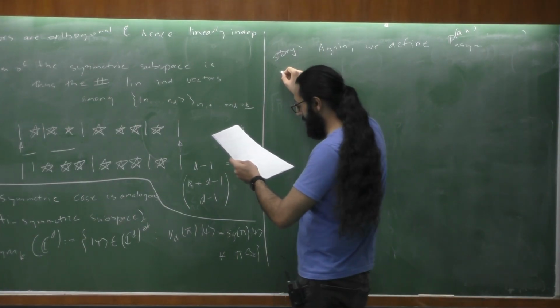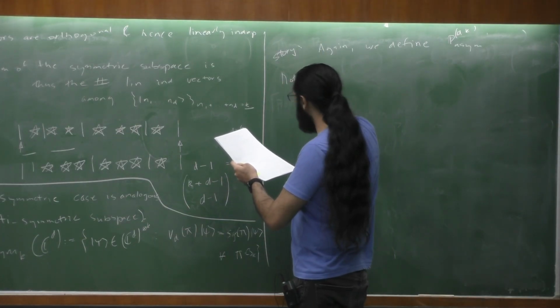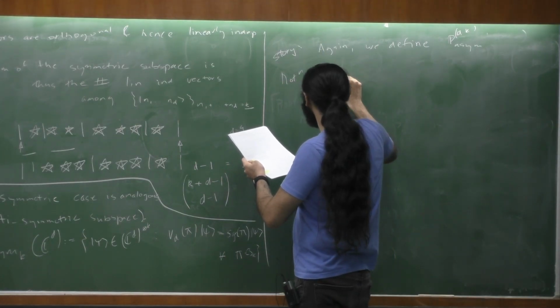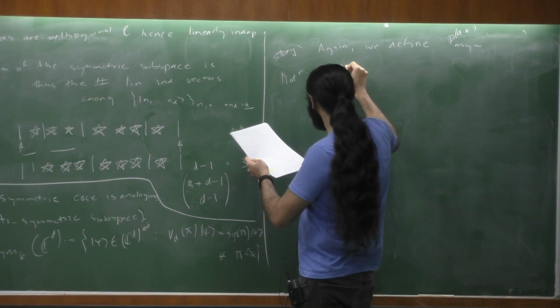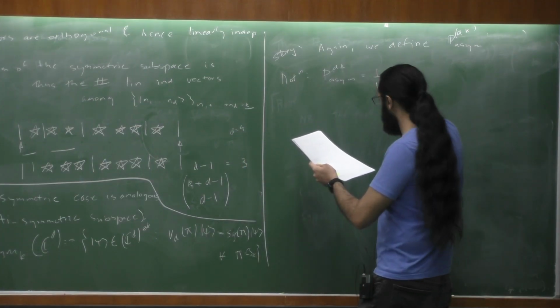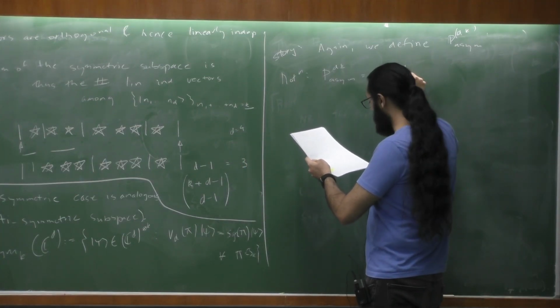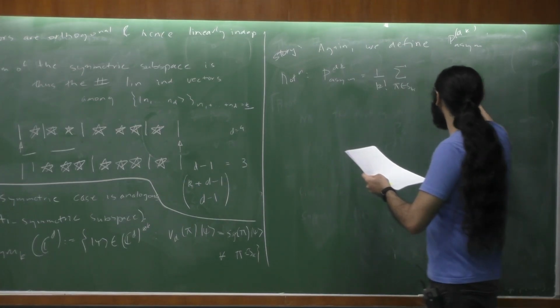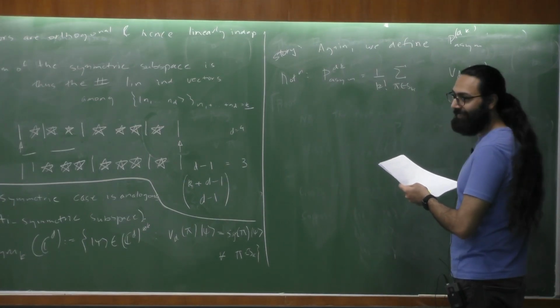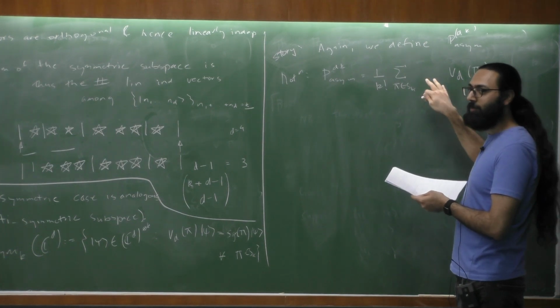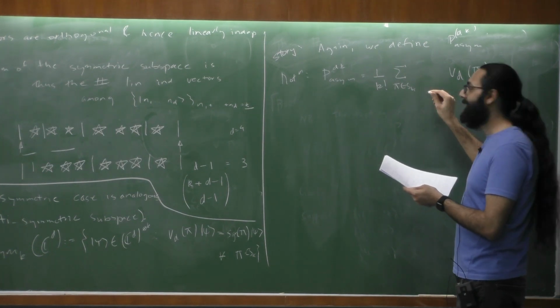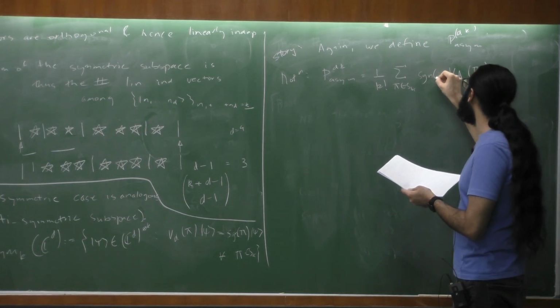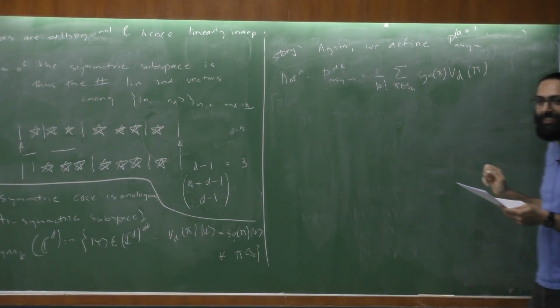So the notation P antisymmetric D,K is 1 by K factorial. Okay, now what should be the definition? There's V_D(π). So we have to add something here. Sorry, I'm just being silly now. Of course. Okay.